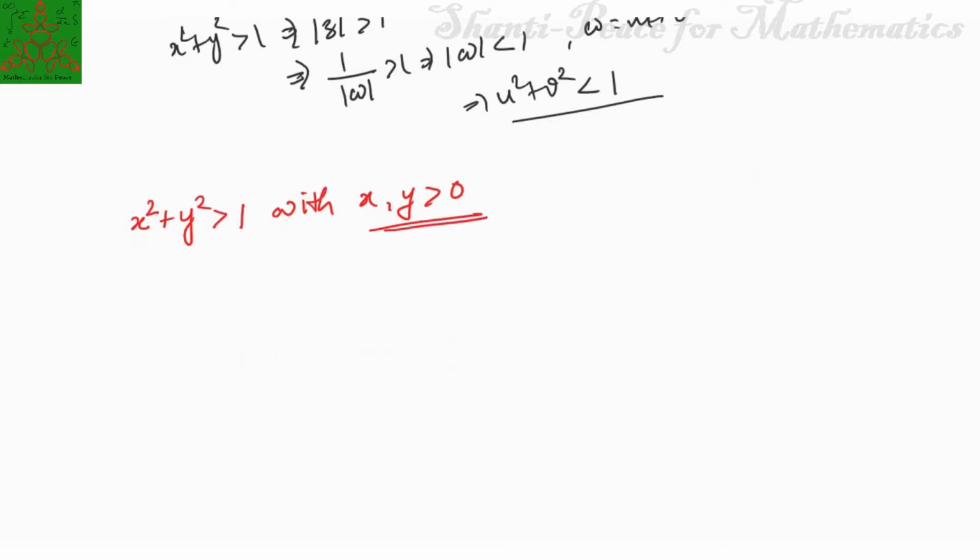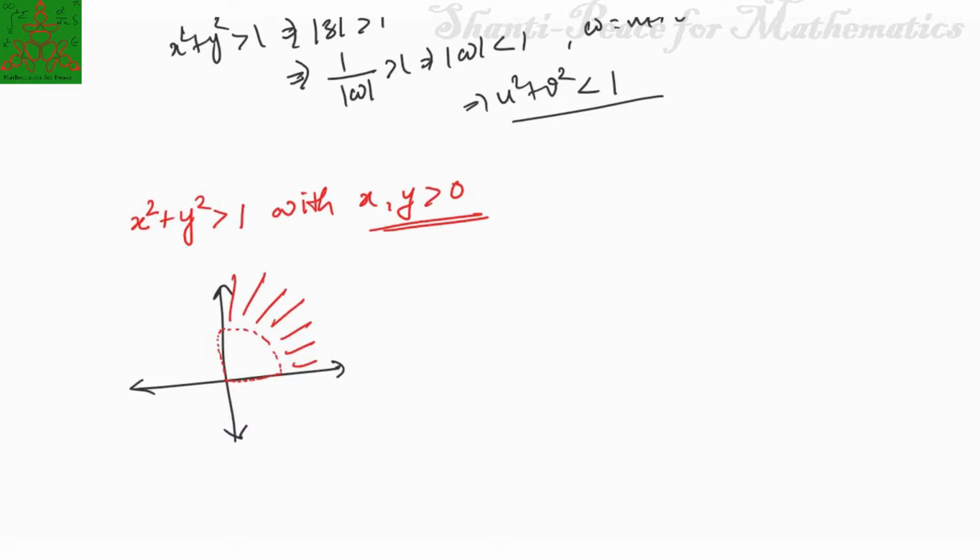X and y are positive, that means it is in the first quadrant. So this is the graph of the region given, with x axis and y axis positive. So the region given is the outer portion of this quarter circle in the first quadrant.